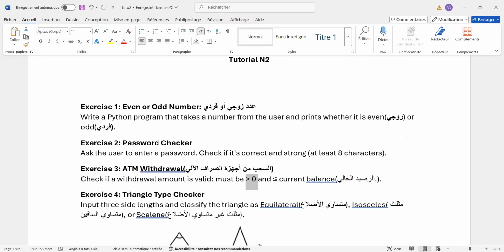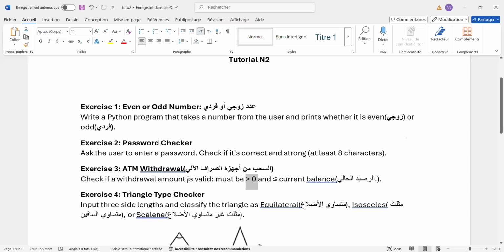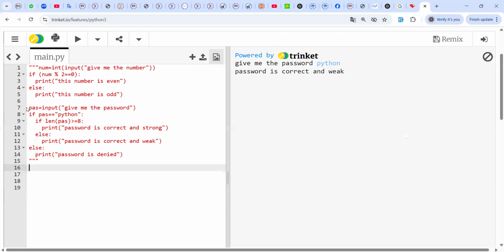So first of all, we need to ask for the amount that the user wants to give to me, okay? And since it is money, we need to take it as an input, okay?